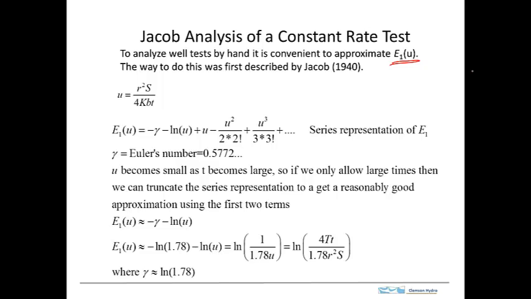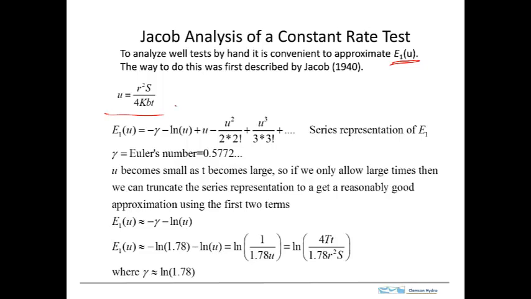And so this is an analysis that I think would be worthwhile learning, and it's what we'll use to analyze the pumping test that we do, at least at first. So here's the way the Jacob analysis goes. So there's u to refresh your memory.